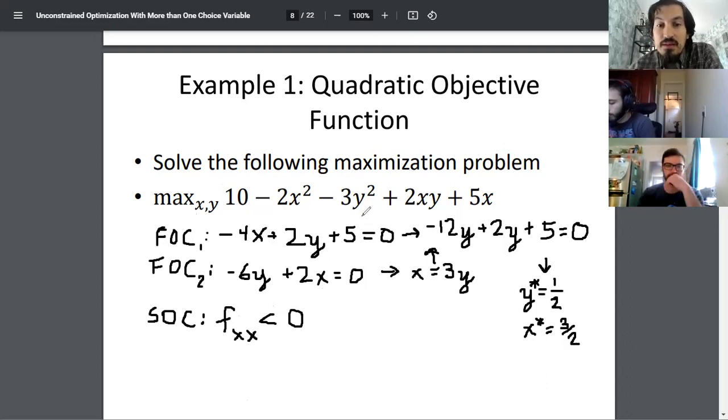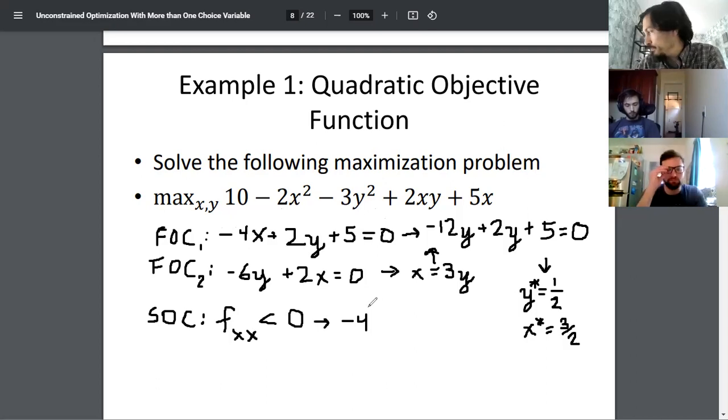What I've written here on the left side of this equation is fx. That is f partial derivative with respect to x. So if I just take the derivative of that again with respect to x, I'll get this, and it is -4, simply.